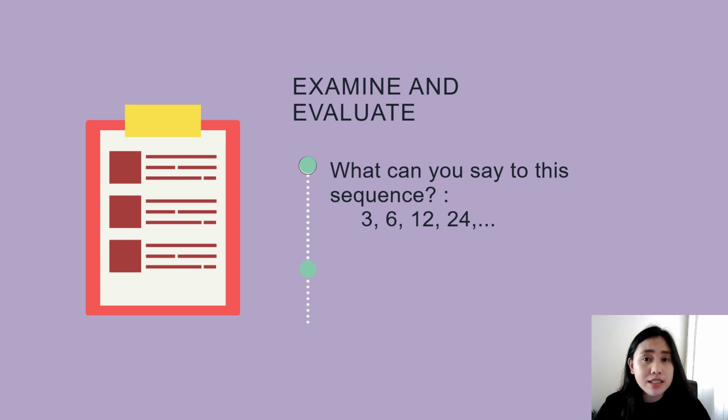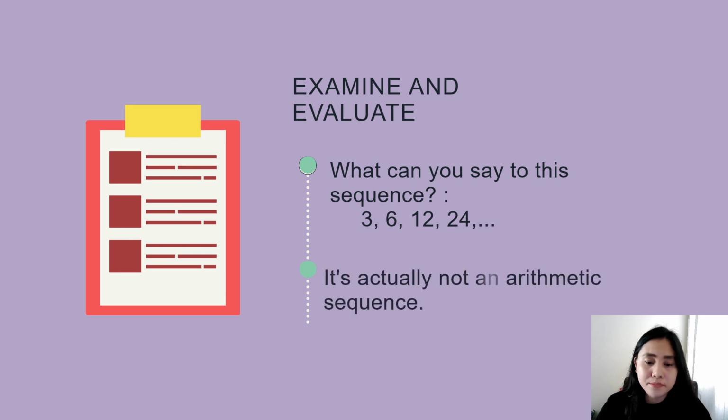What can you say to this sequence? 3, 6, 12, 24. It's actually not an arithmetic sequence. Ano bang pattern meron sa kanya? Meron bang pare-parehas na number na dinadagdag o ina-add sa bawat element? Wala.